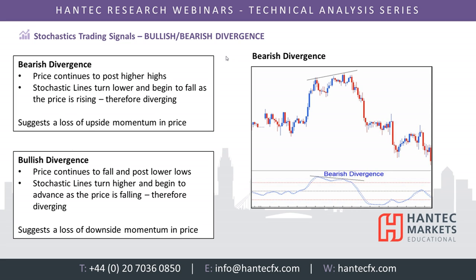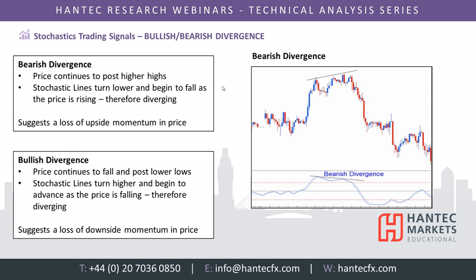That would suggest that there's a divergence between the indicator and the price: price making higher highs, indicator making lower highs. That would give you the suggestion that there's a loss of upside impetus, as I showed you in that previous chart, and subsequently there was a bearish divergence.